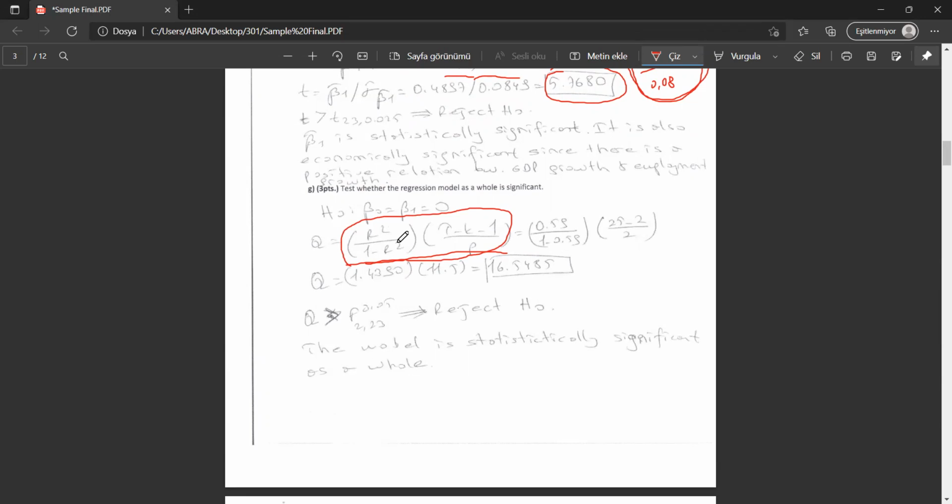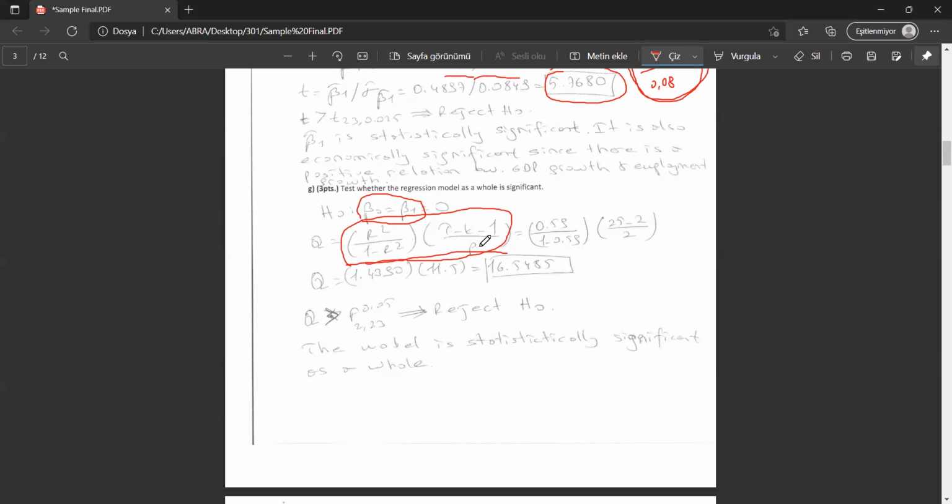Now the formula says that we need to calculate R squared over 1 minus R squared times T, sample size, minus k, the number of restrictions in the null hypothesis, which is 2 here, beta 0 is 0, beta 1 is 0, okay, we have 2, minus 1. This comes from the formula. And divided by p.